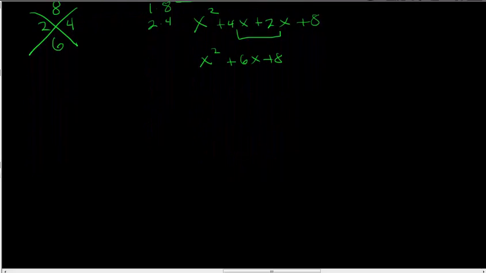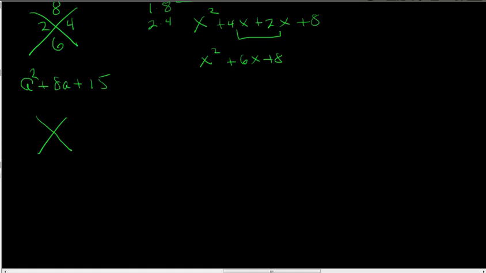Alright, so let's say we have a squared plus 8 times a plus 15. Again, we start by using the diamond method here.